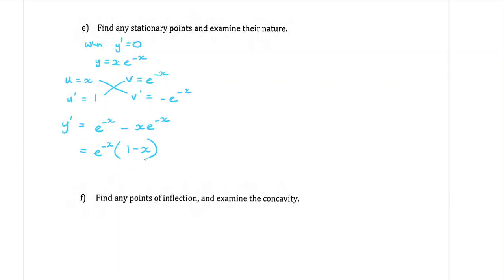So I'm now going to say that that derivative is equal to 0. The factorized version is very helpful here because now I can use null factor. Either the e to the negative x equals 0, which is no solution, or the 1 minus x equals 0, which means that x is equal to 1.